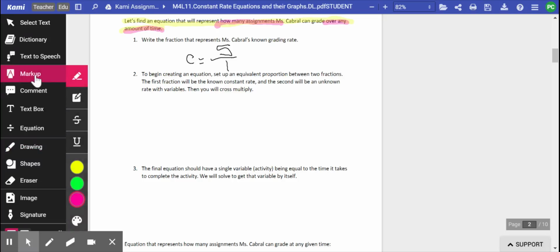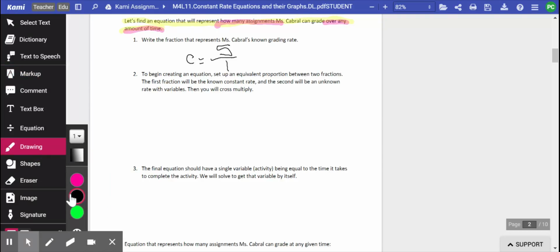So in this case, I'll write it out. What I'm looking for is how many assignments I can grade over any amount of time. What I'm going to do here is write assignments.